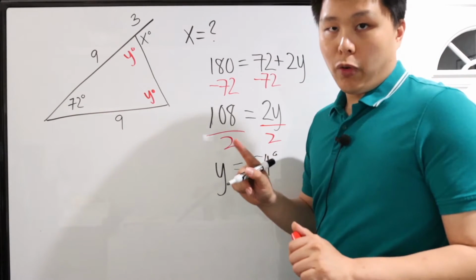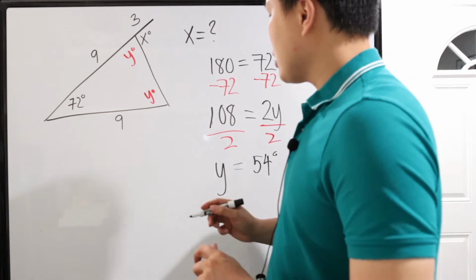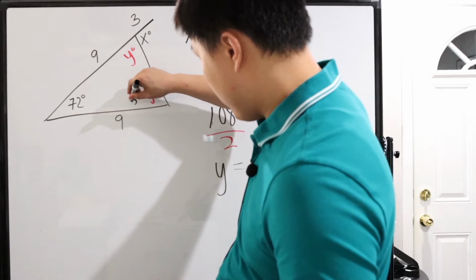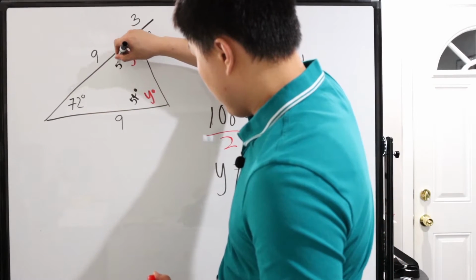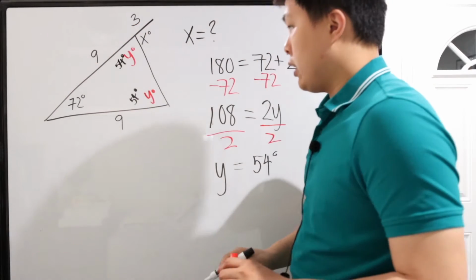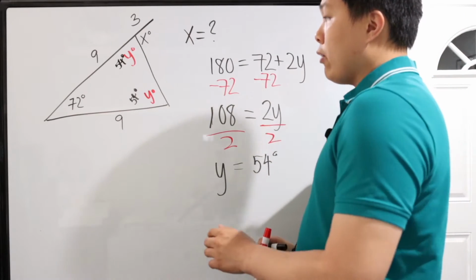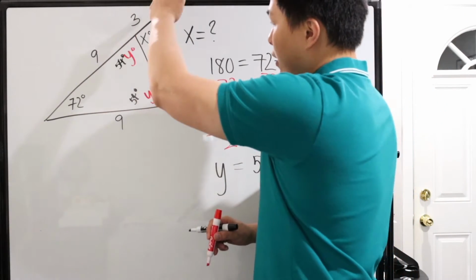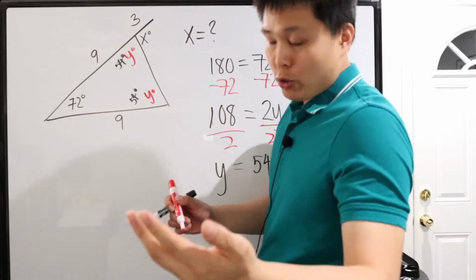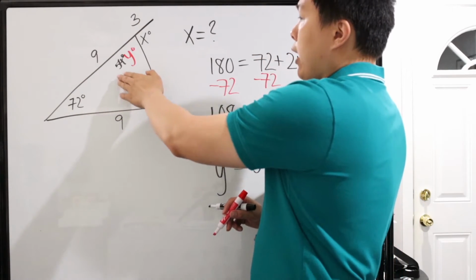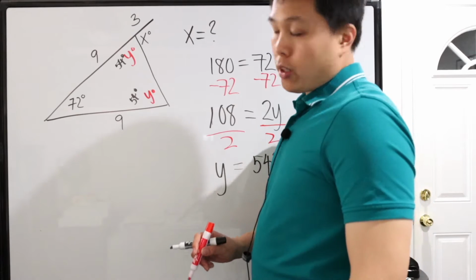But that's not what we're looking for. Remember, we're looking for x. y just helps us because here we have 54 degrees and here we have 54 degrees as well. Now, here we have a straight angle, because we have 54 and x on a straight line. So that means 180 minus 54 is going to give us x.